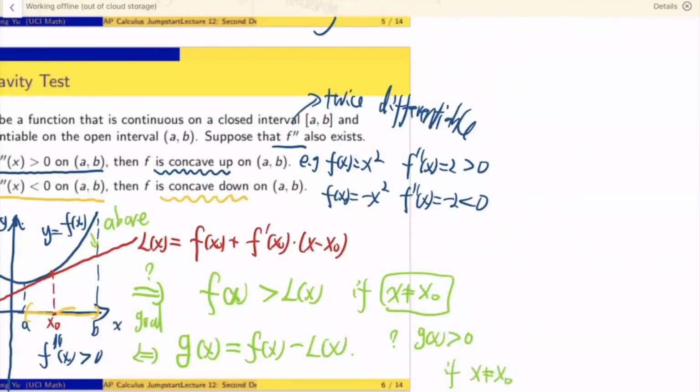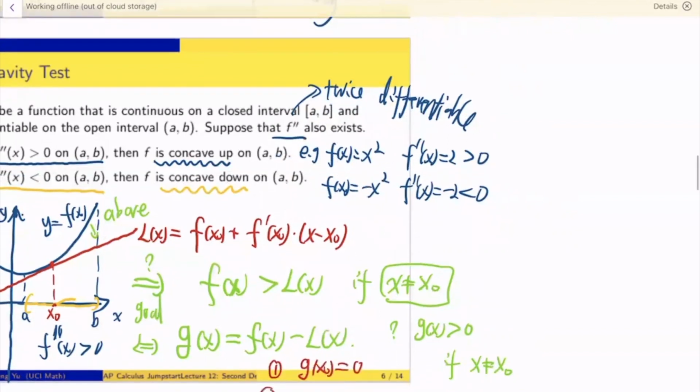The other thing, what can we say about g(x)? Let's look at two things. Number one, I know that g(x0) equals 0. And number two, if I take the derivative, it will be the derivative of f minus the derivative of the linear function, which is just the slope, f'(x0), so that is 0 at x0.